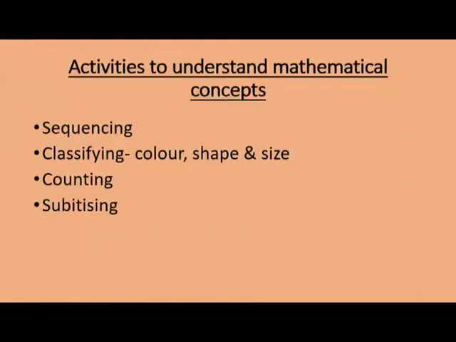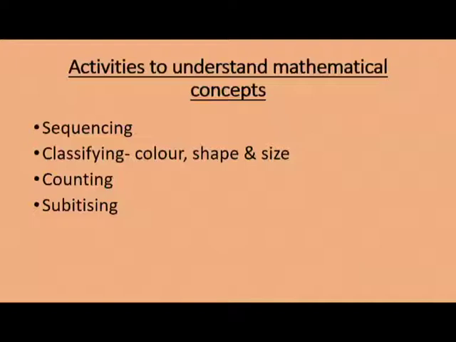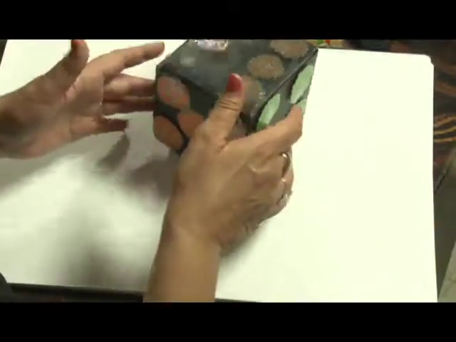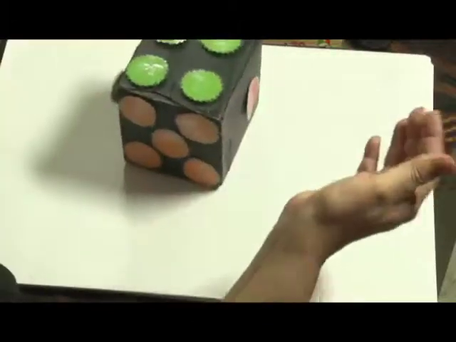The last is subitizing. Now subitizing is merely when we work with small numbers and learners can identify the small numbers without counting. And usually I use a dice. You don't even need to go buy a dice. I've made one, and I throw the dice in the class, and without counting, the learner should know that this is 4.